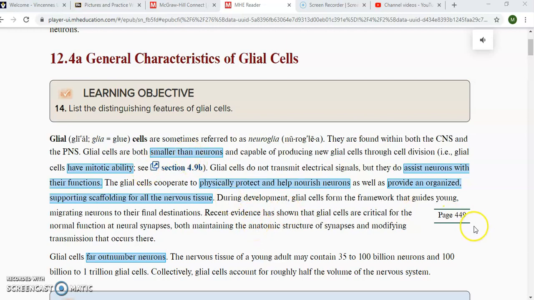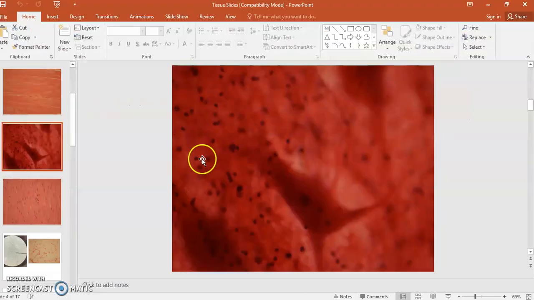So they are smaller than neurons, and if you remember, I pulled this up from lab. This was a picture of the nervous tissue, and how you mainly knew this was nervous tissue is because you have this very, very large cell that has all these processes coming off of it. That's a neuron.